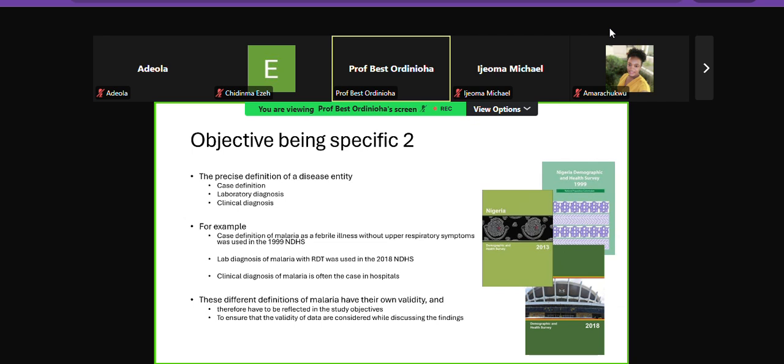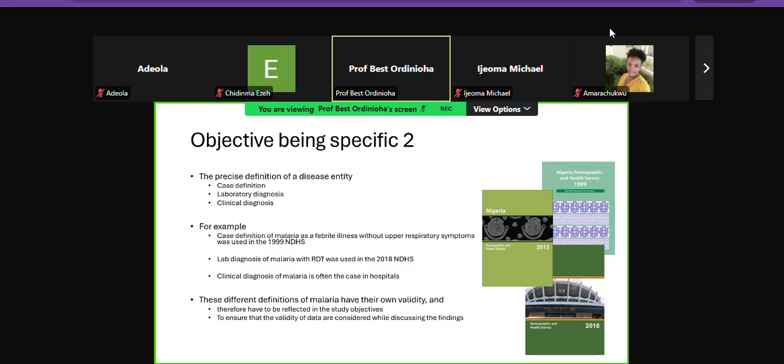Case definition is when you just describe what you consider as a case of the disease. When I was in medical school, when the HIV test was very, very expensive, they were using the case definition, and they would say history of weight loss and so on, or what they call the minor and major signs. You combine them. So that is a case definition.